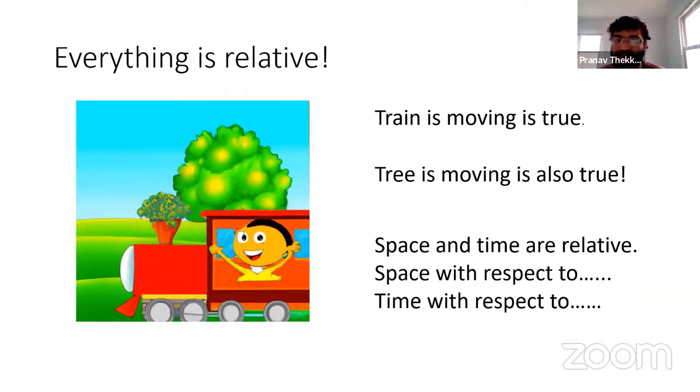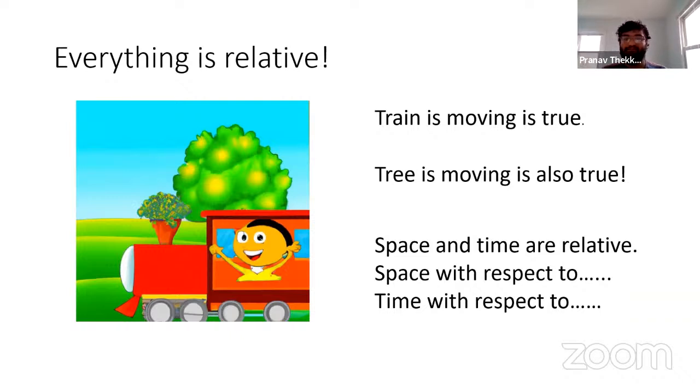This understanding of with respect to what is something moving is the new perspective that is brought about in these new concepts of physics. Something that we thought was absolute, where the tree doesn't move and the train moves, is not really true. The tree is also moving, the train is also moving. The question is with respect to what. So absolutes have now changed in physics, and absolutes have become relative.